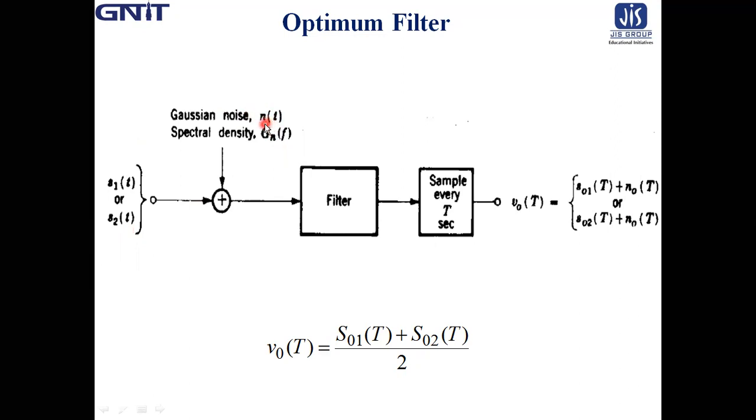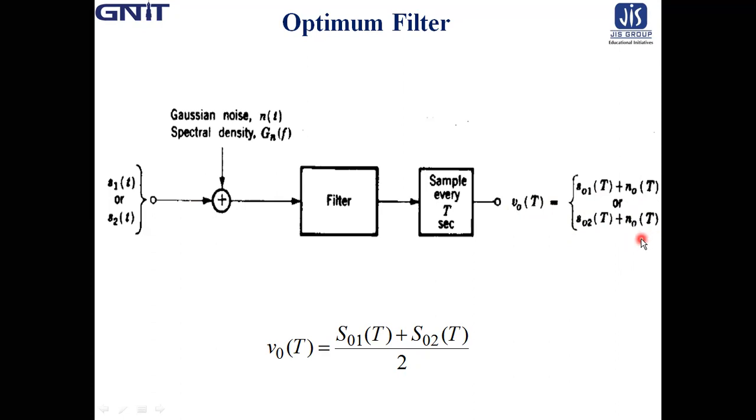The signal and noise are filtered and then sampled at the end of each bit interval, and the output sample is either V0(t) equal to S01(t) plus N0(t) or S02(t) plus N0(t).